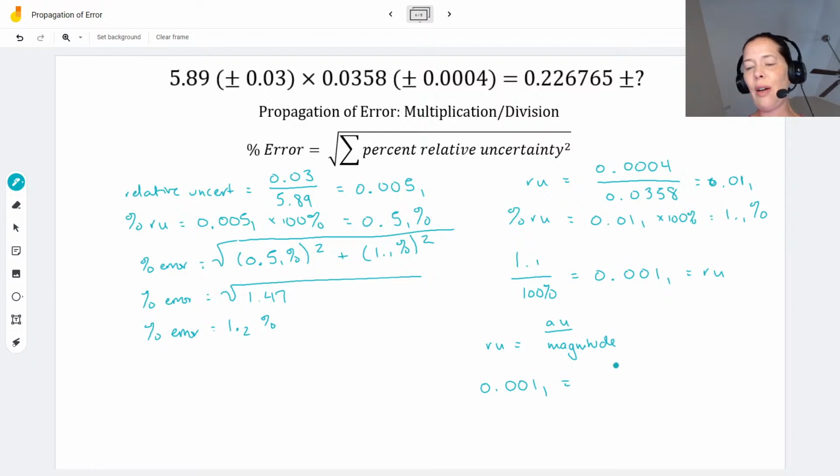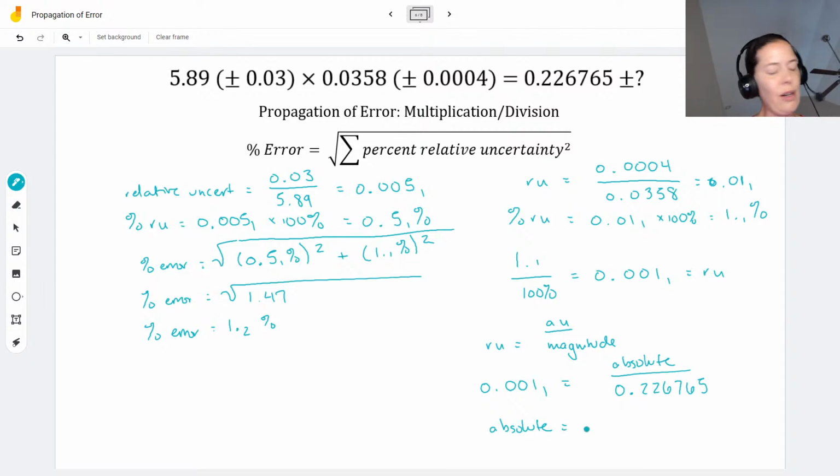I'm going to calculate the absolute over the magnitude, and the magnitude of my measurement is my answer up here, over 0.22676 5. So now I can calculate my absolute uncertainty.